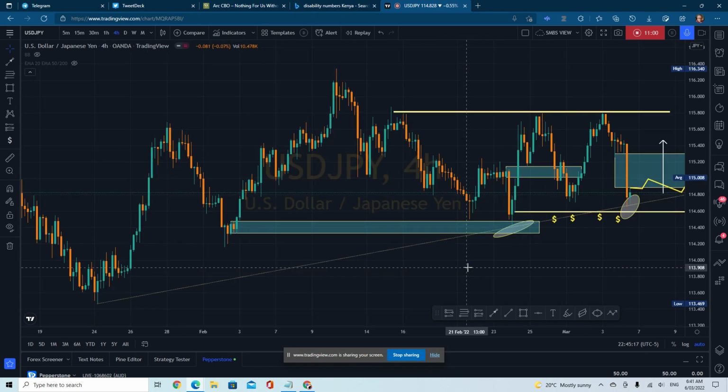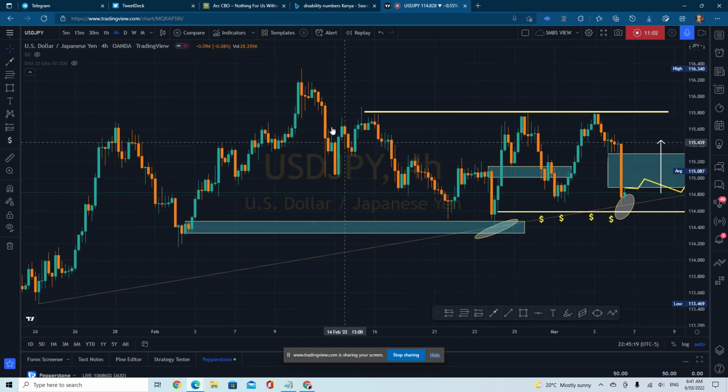The same applies: you have a demand order block, which is this one when you're going into a buy, and you have a sell order block. For example, if you're looking at a sell order block, let's say this one, you can say this was an order block. Let me just put a triangle there.